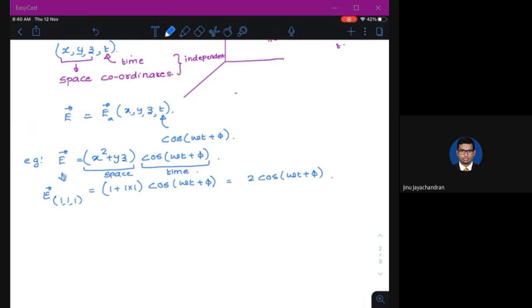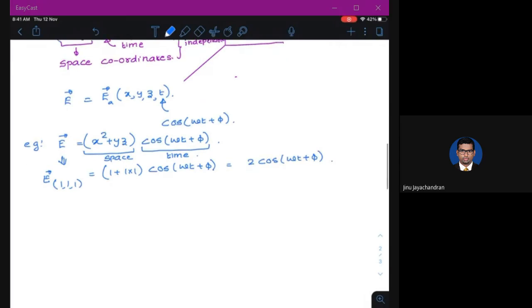And if you compare this with our current equation, which we have looked upon in terms of phasor, it is almost similar, except that I0 is basically x square plus yz. So I can write E as the real part of E_A into e raised to j omega t.